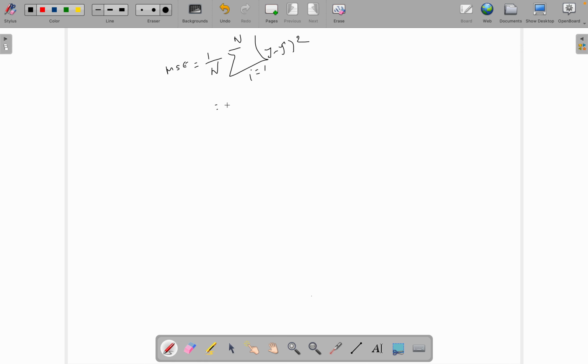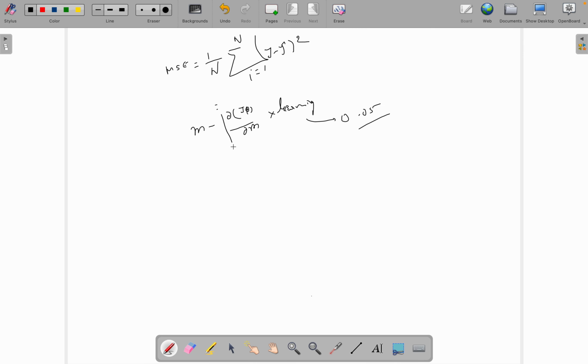And when you differentiate this, the convergence theorem explained m minus the differentiation of this MSE J theta with respect to m into the learning rate. So let's take the learning rate as 0.05.